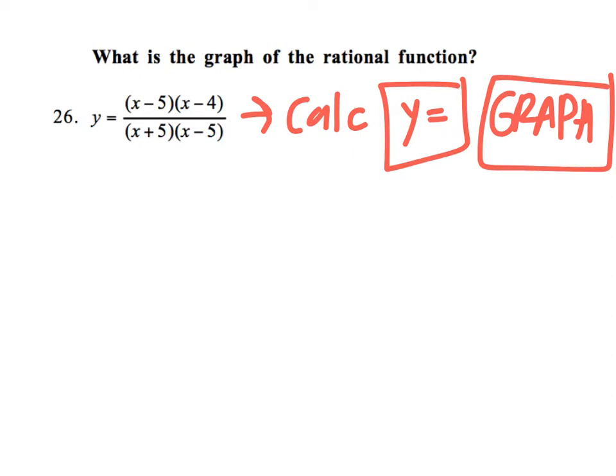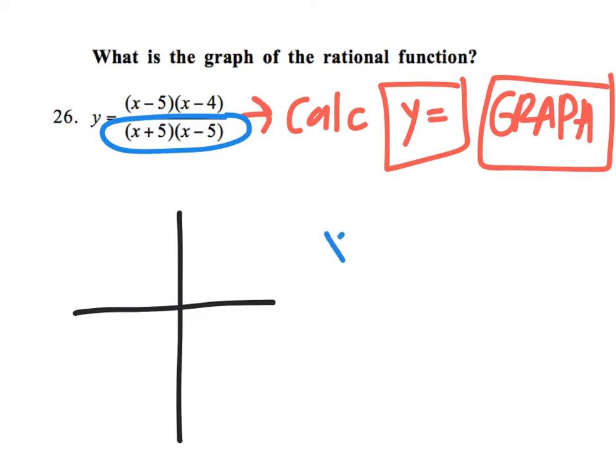Your second option is to actually graph it. Essentially what this one is going to look like is if you have your graph. Notice in my denominator we have x plus 5 and x minus 5. If I do x plus 5 equals 0 and x minus 5 equals 0, subtract 5 from both sides.